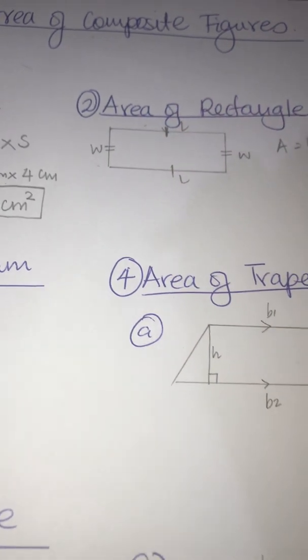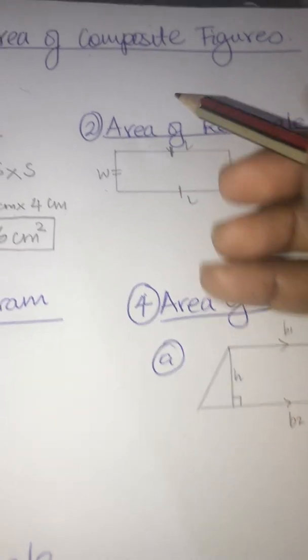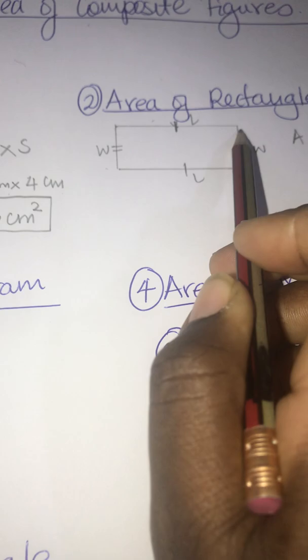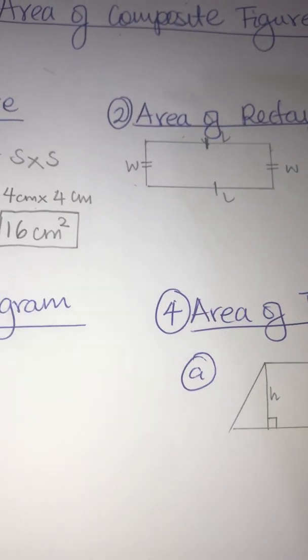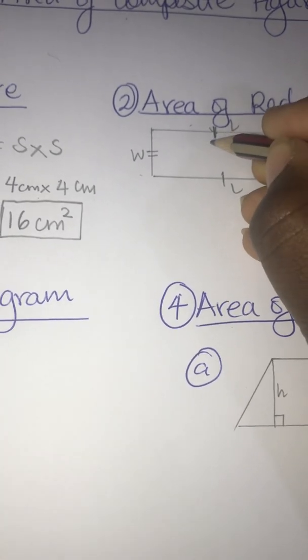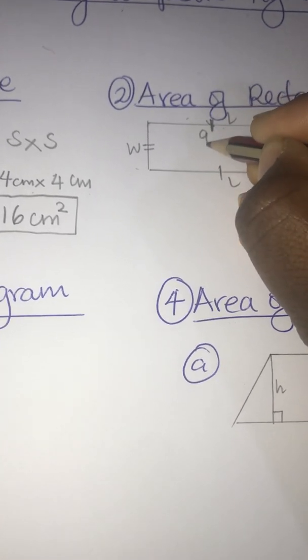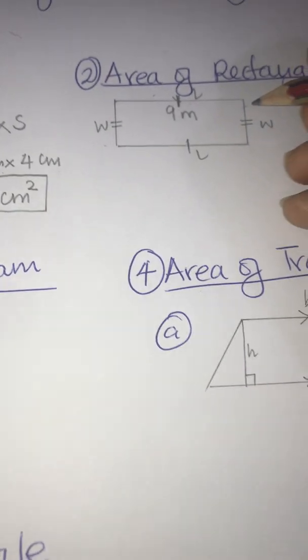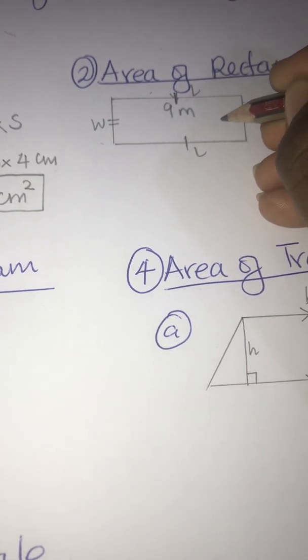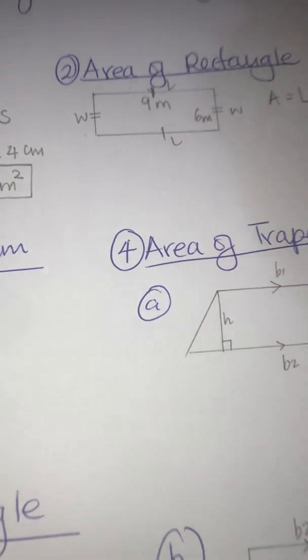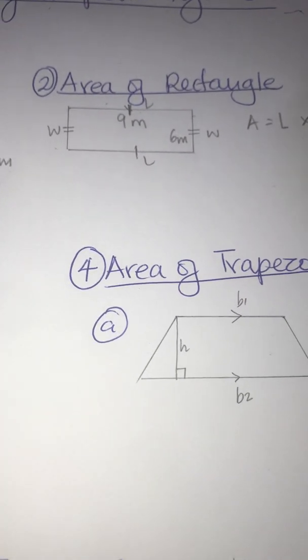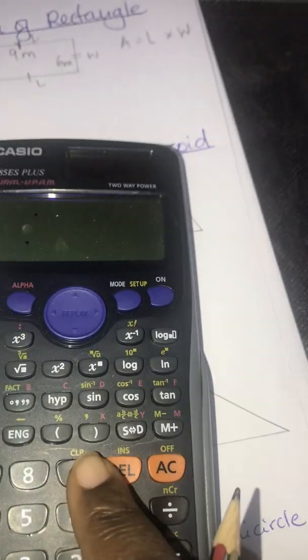So I can put any number I want. Since this is the longest side, I'll put a bigger number as compared to the number I put on the width. So let's say my length is 9 meters, and my width, let's say 6 meters, okay? And what is 9 times 6? That should be 54.